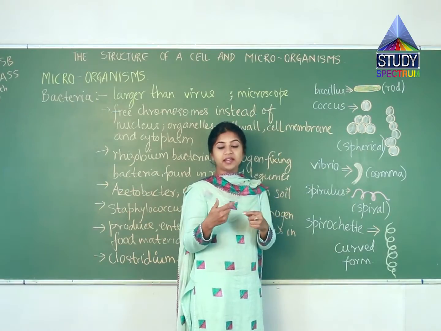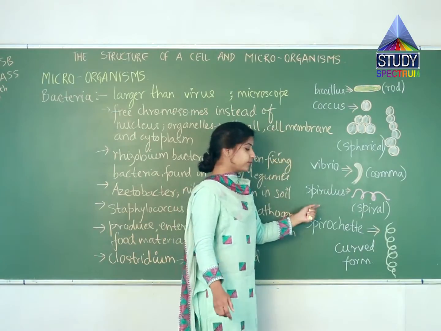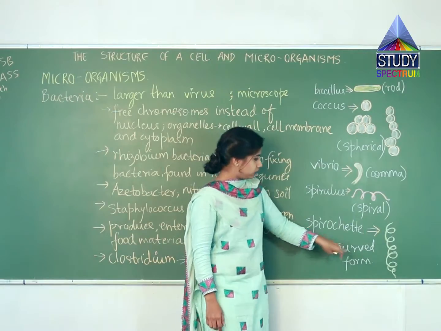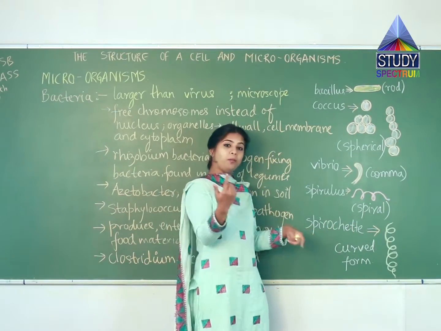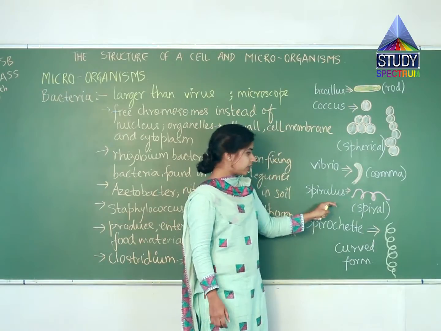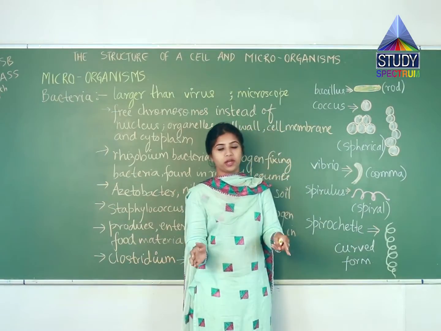These are spiral in shape, and this shape of bacteria is similar to that. The next one is spirochete. Spirochete is much more curved and much more compacted than the spirillum, and it looks like this. It's actually long and elongated.